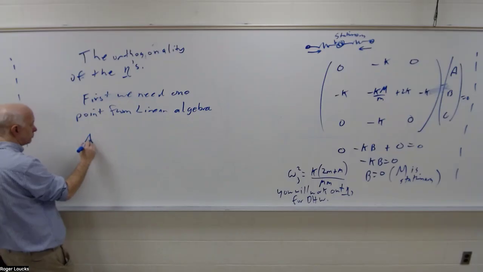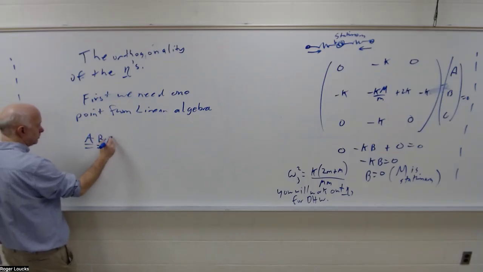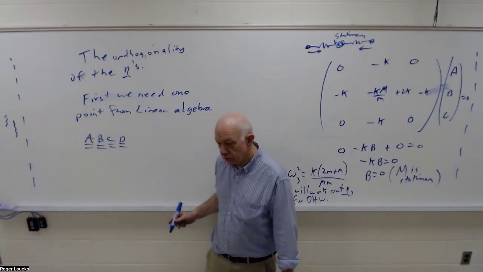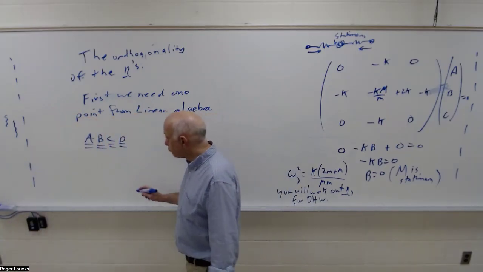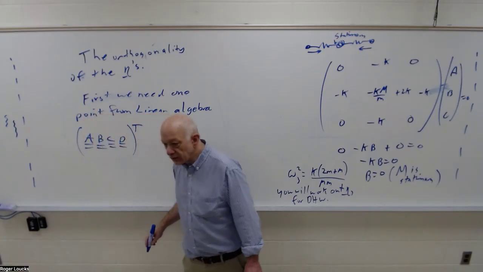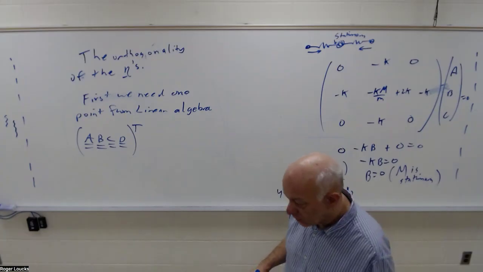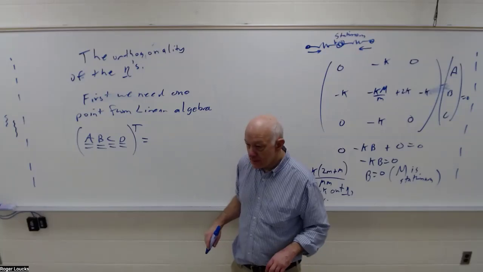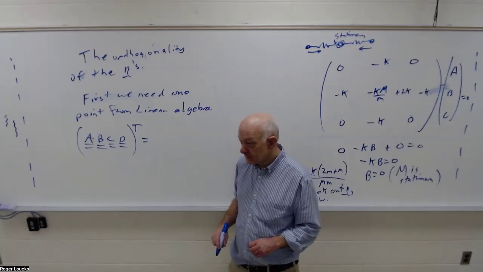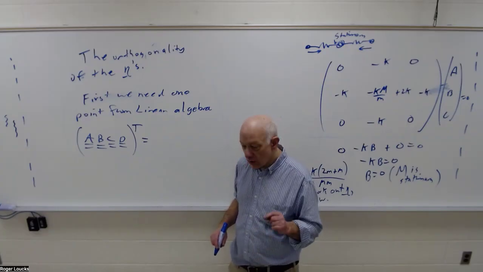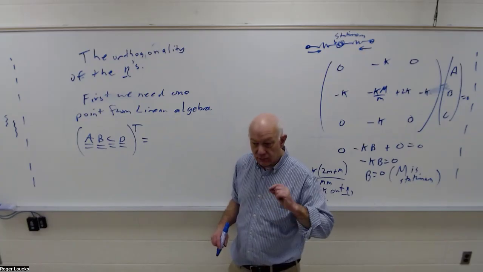If I have a whole bunch of matrices being multiplied by each other, and I want to take the transpose of all of these, so I multiply all four together and then take the transpose, what does that end up equaling from linear algebra? The transpose of all the individual matrices in reverse order.